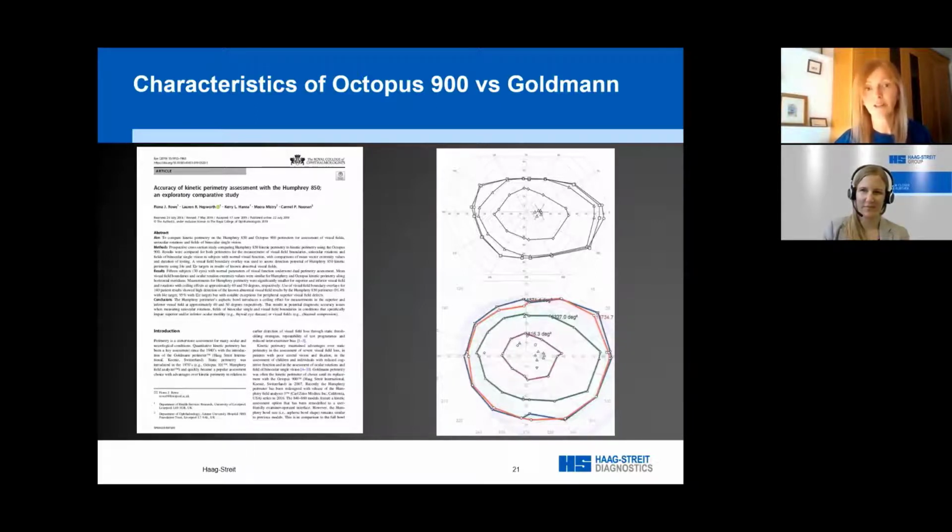Testing is not a problem if you're only testing the central 30 degrees or horizontal ranges. If you have an aspheric bowl, that's absolutely fine, and it's important to state that. But it is a problem if you want to test the field of vision directly in the superior and inferior field. And for us, that's an issue with chiasmal lesions. We see an awful lot of patients week in, week out who have chiasmal lesions.